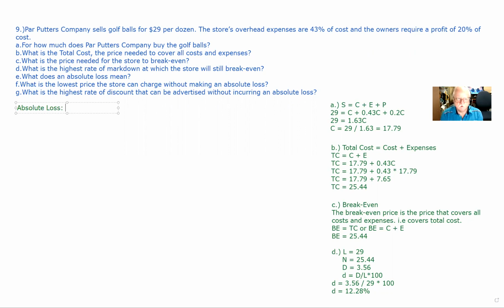So what would be the lowest price they could charge without making an absolute loss?